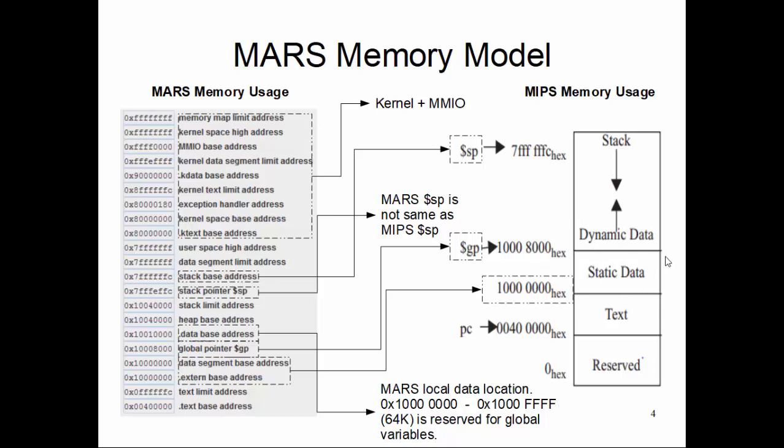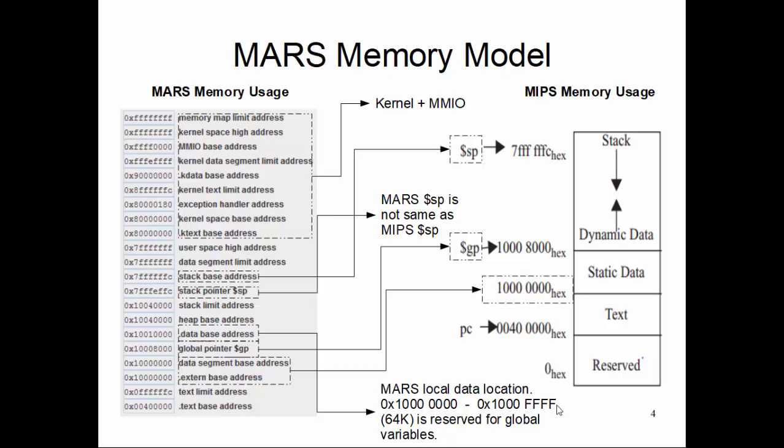This is how your local data goes into the memory of the Mars simulated MIPS, which is a little bit different from the normal MIPS memory usage suggestion. So in Mars, dynamically allocated data, the heap part, starts after 1000FFFF, which is basically 10010000.